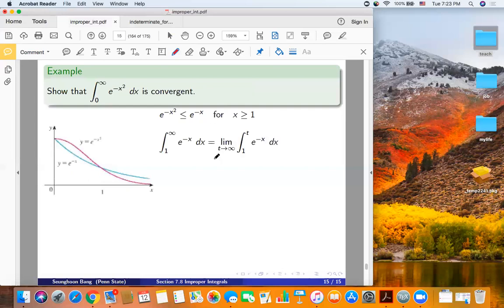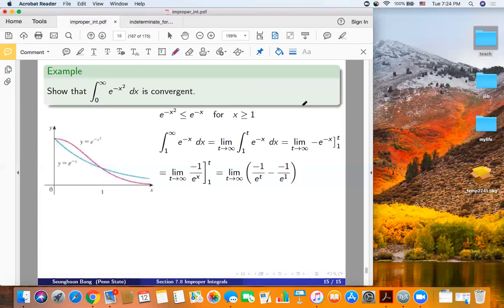Next, you can take the integral of the simple one. You can change it to the limit as t approaches infinity of the integral from 1 to t of e to the minus x dx. You find the antiderivative, minus e to the minus x, which is minus 1 over e to the x, and plug in t and 1.